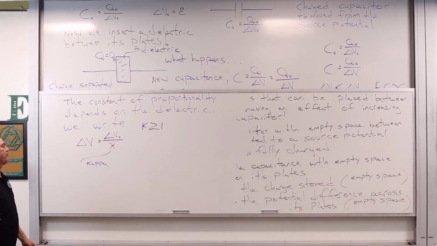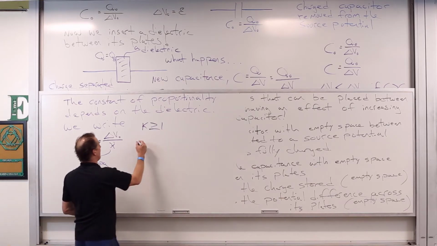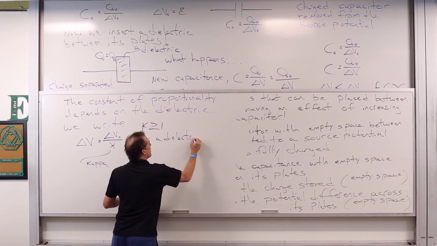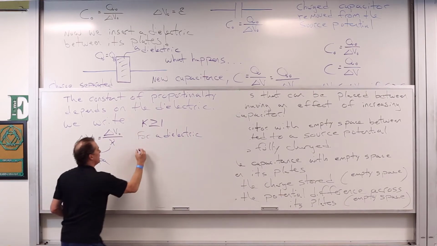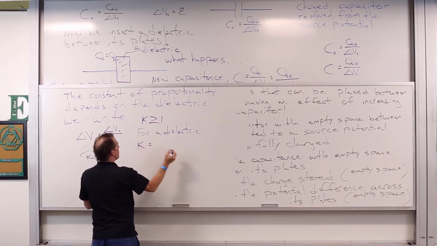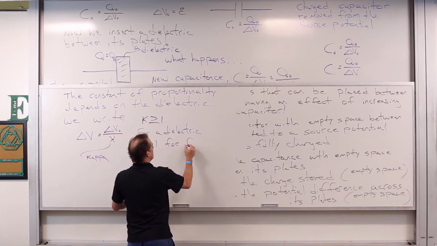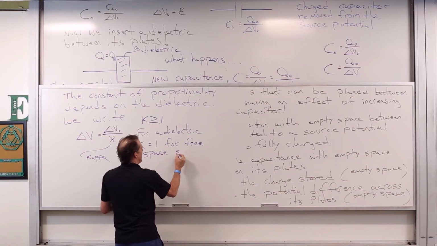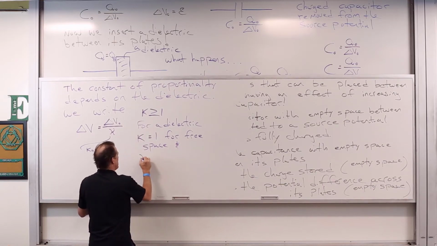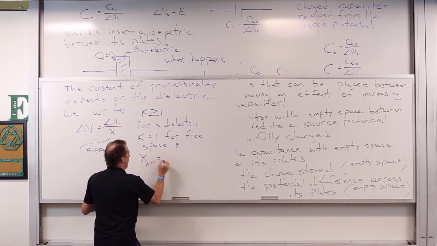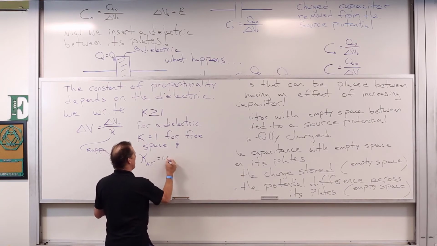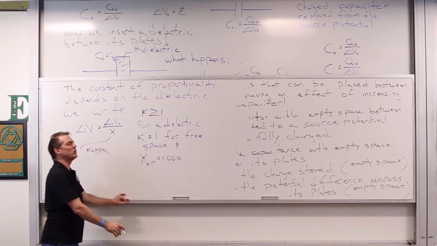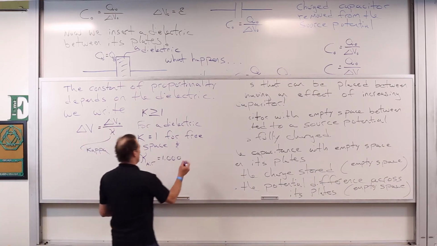I say kappa for a dielectric. Kappa is equal to 1 for free space, and air is approximately 1.0006, I think.